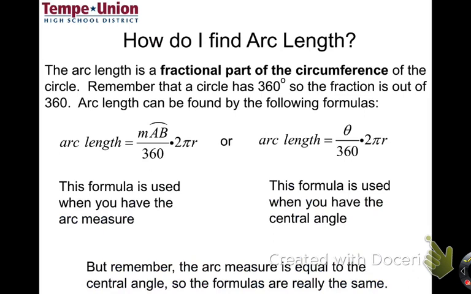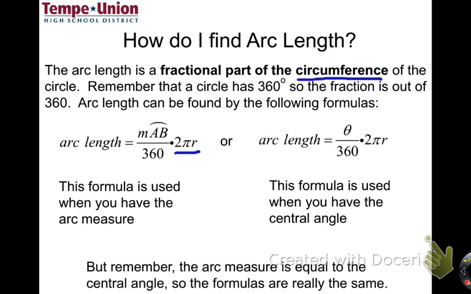How do you calculate arc length? Remember that arc length is just a fraction, a part of the circumference. The circumference of a circle was 2 pi r, remember that? Now we just want to figure out what fraction of that circle it's going to be.